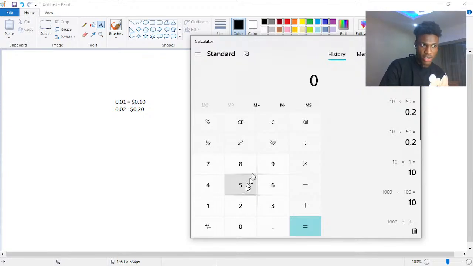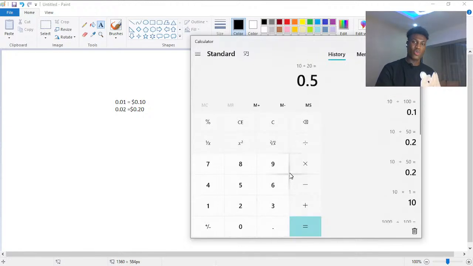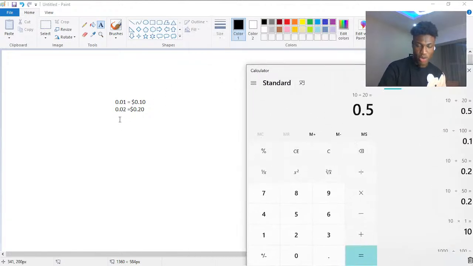Let's say I want to use 20 pip stops, because I'm using myself as the example with the starting balance. $10 divided by 20 is 50 cents, right? What lot size does this fall under? Still the micro lot size.